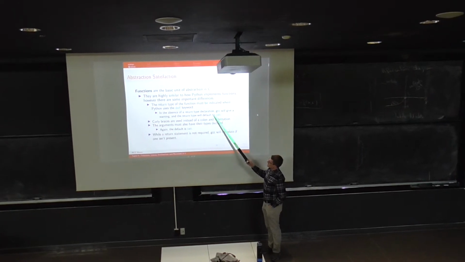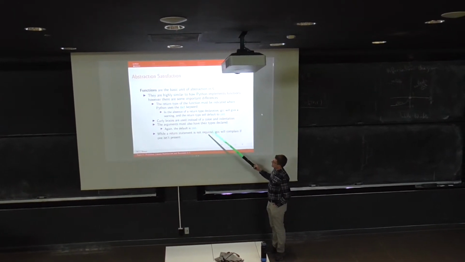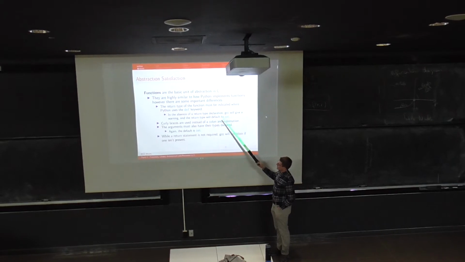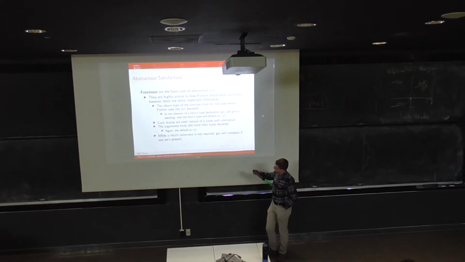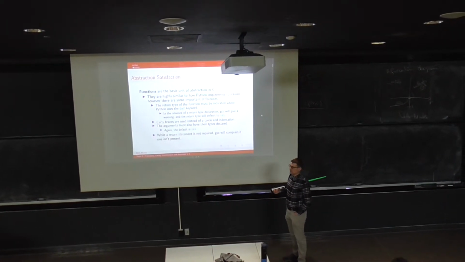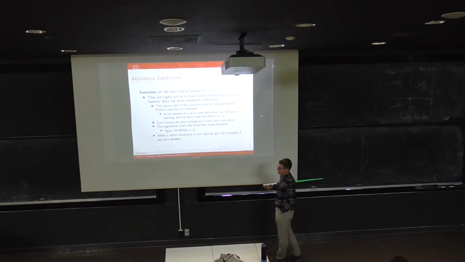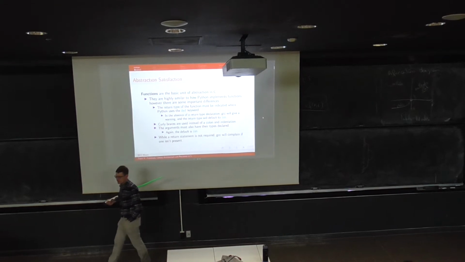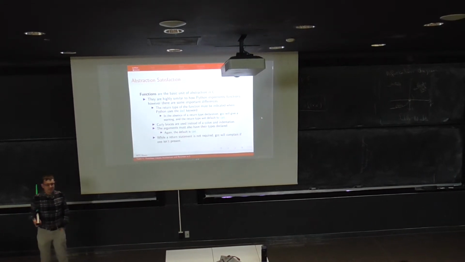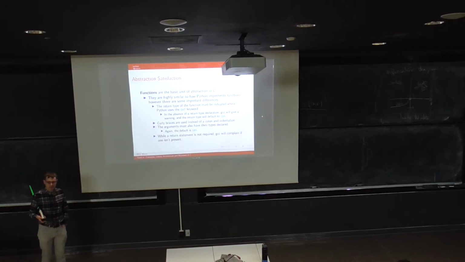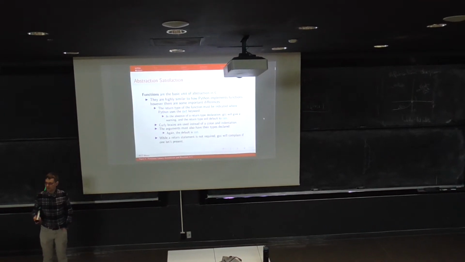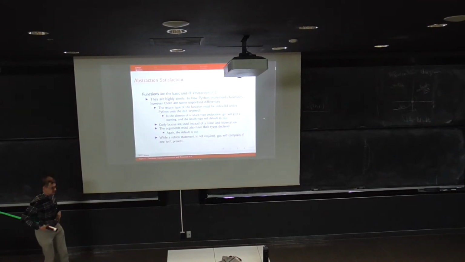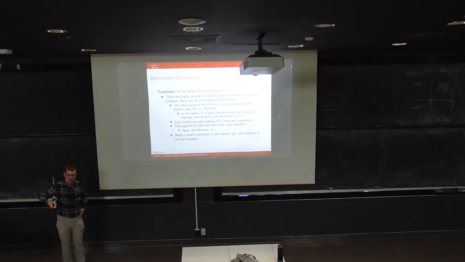In the absence of a declared return type, GCC will give a warning, and the return type will default to int. Curly braces are used instead of colon and indentation. Arguments must also have their types declared, and again, it defaults to integer. We are no longer in Python's loosey-goosey parametric polymorphism land.